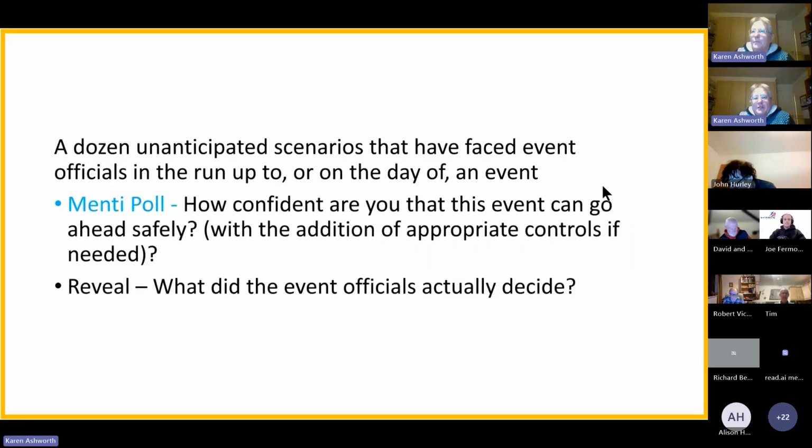I've got a dozen unanticipated scenarios that faced officials in the run-up to or on the day of the event. We're going to use a Menti poll for people to say how confident they are that this event can go ahead safely, with the addition of whatever appropriate controls you think are needed. Then when you've voted, I'm going to reveal what the event officials actually did. They are real life case studies.